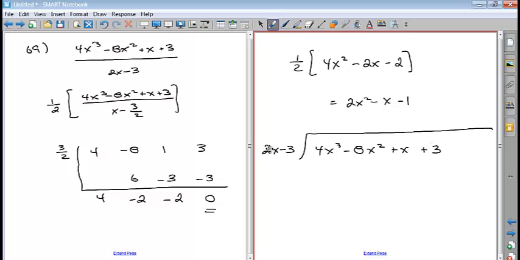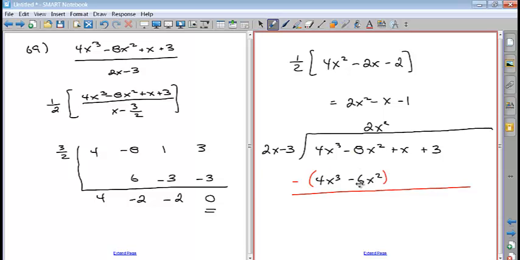Okay, what I need to multiply 2x by to get 4x cubed? I need to multiply by 2x squared. 2x squared times 2x is 4x cubed. Negative 3 times 2x squared is negative 6x squared. I'm subtracting this. It goes to 0.